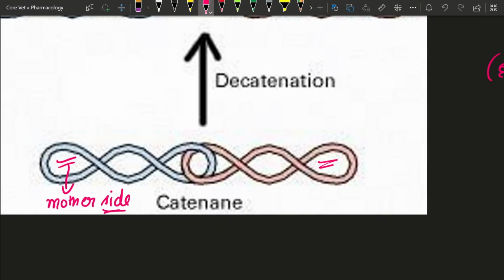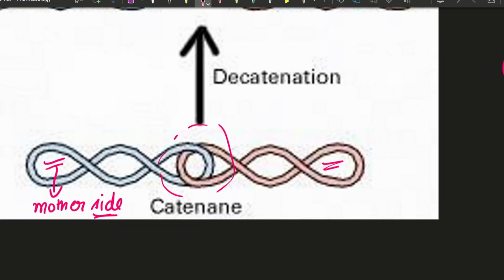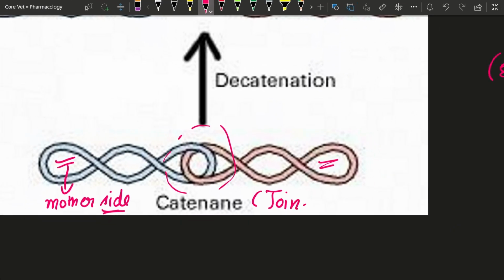Now after the replication of the DNA has been done, these two DNA structures, the replicated one and the one from the mother bacterial cell, are both catenated together or joined together, right?